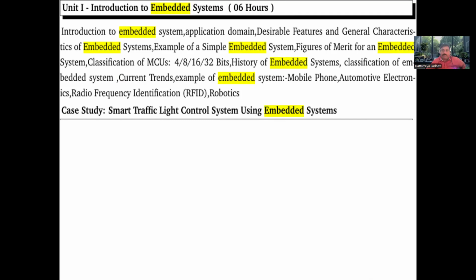There are actually two classifications, one related to performance and function, and the second related to the performance and type of microcontroller, which we have learned in class properly.